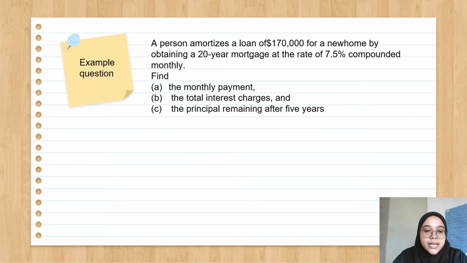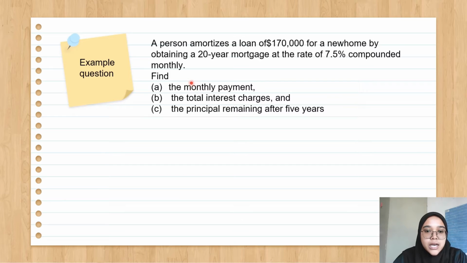Okay, and let me see the example question. A person amortized a loan of $170,000 for a new home by obtaining a 20-year mortgage at the rate of 7.5% compounded monthly.